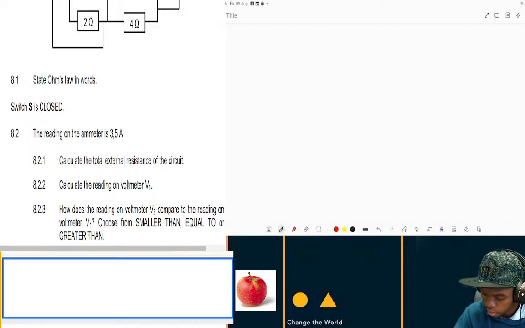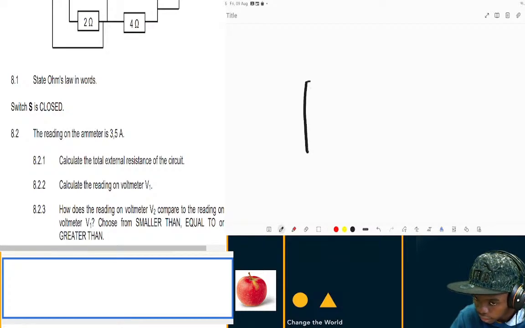Before we start, we'll begin by explaining a few things about electric circuits, right? And we're going to start with a simple circuit.